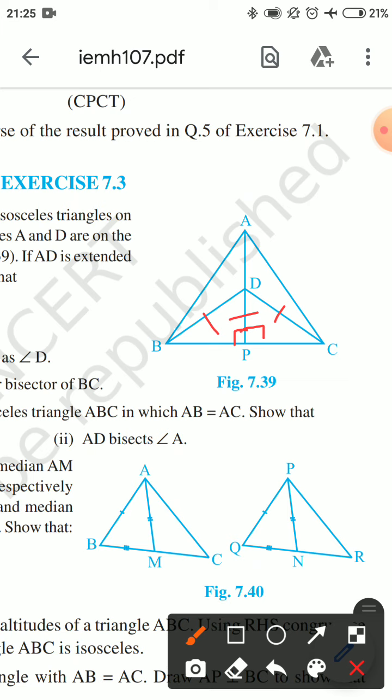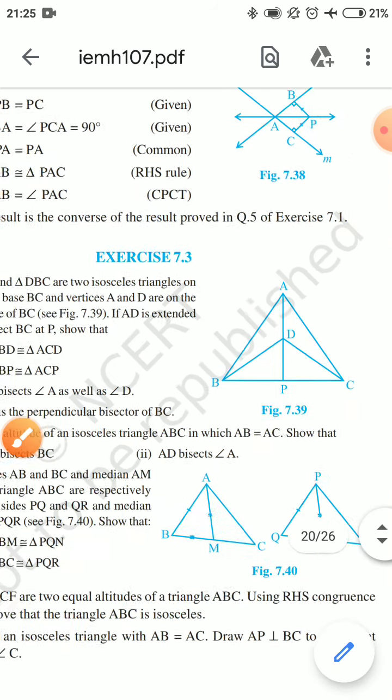So by RHS congruency we can say that these two triangles are also congruent, and we can clearly say that this angle will be equal to this angle. So if these two angles are equal, we can clearly say that this line AP bisects angle D also.